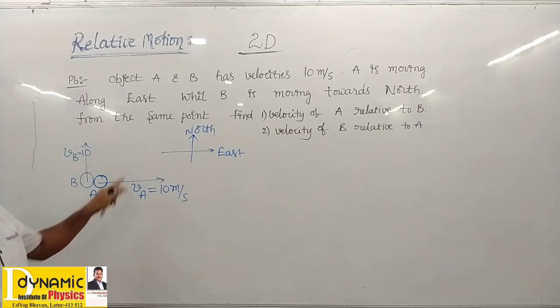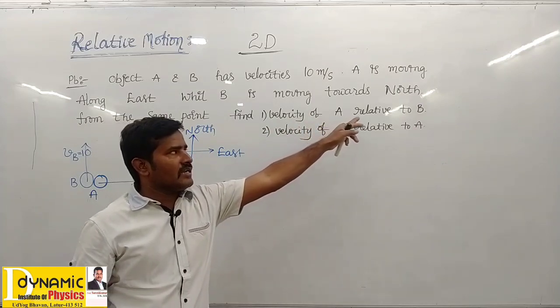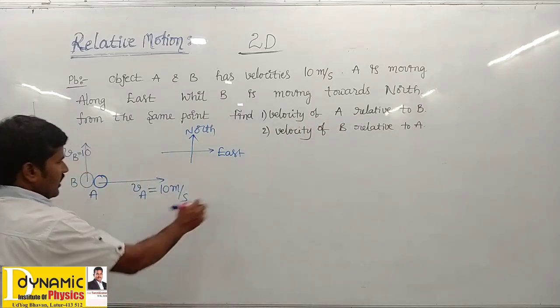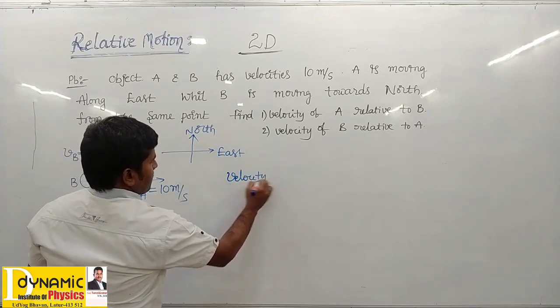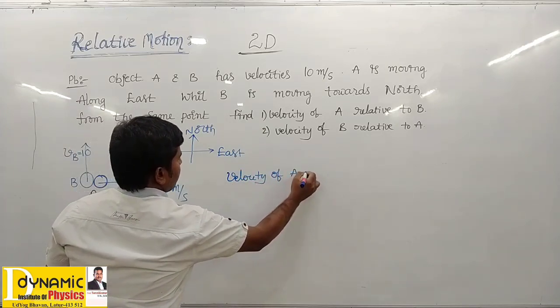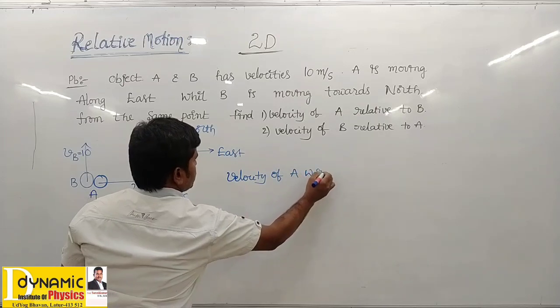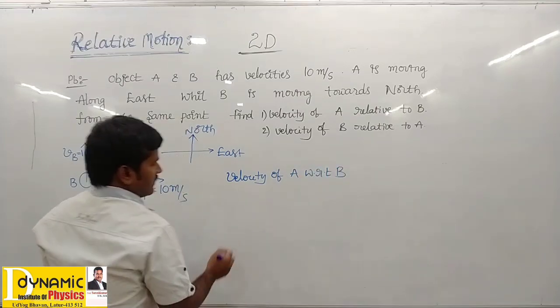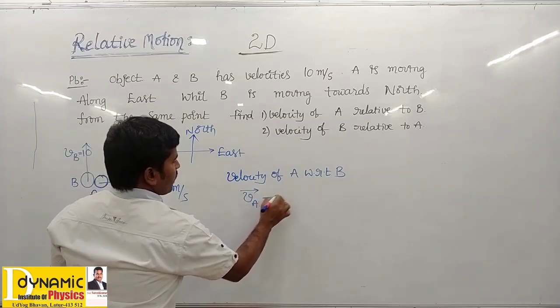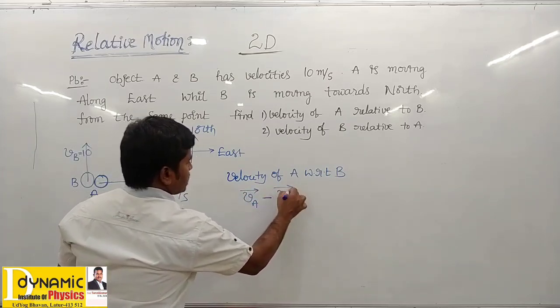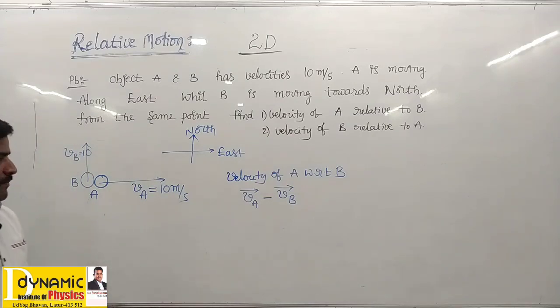We want the velocity of A relative to, with respect to, B. That means we want VA bar minus VB bar.